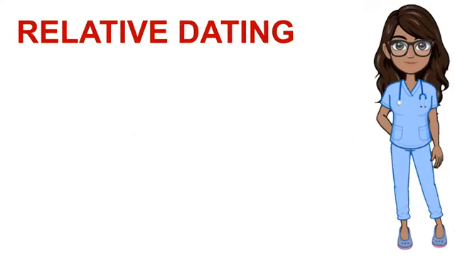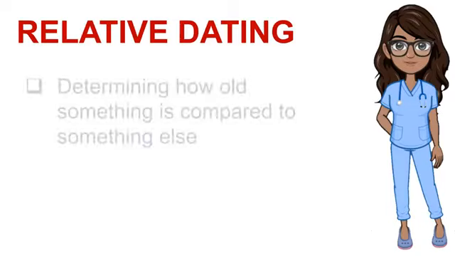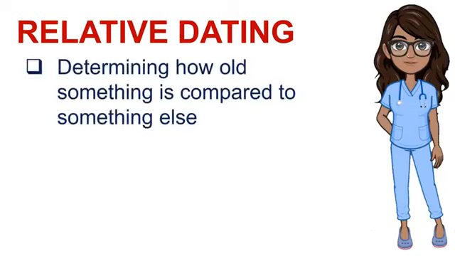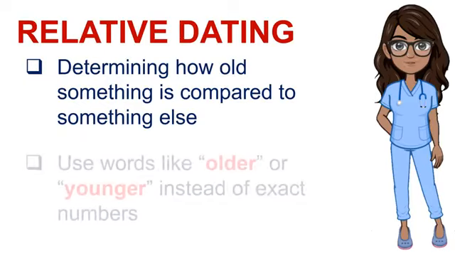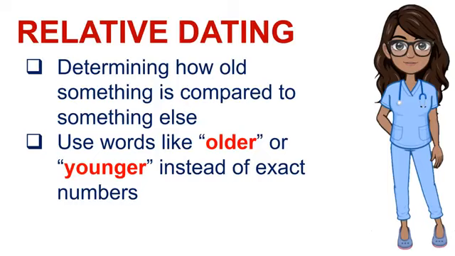Relative dating is when you give the age of a rock or fossil compared to another rock or fossil. It is determining how old something is compared to something else. It uses words like older or younger instead of exact numbers.